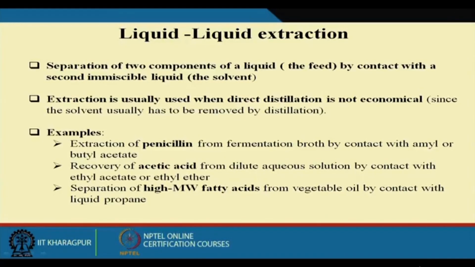Now, when you decrease the pH of the penicillin solution to 2, the solubility of penicillin in butyl acetate is more as compared to the water. So, when you mix these two layers, we will find that penicillin will go more into the solvent layer.